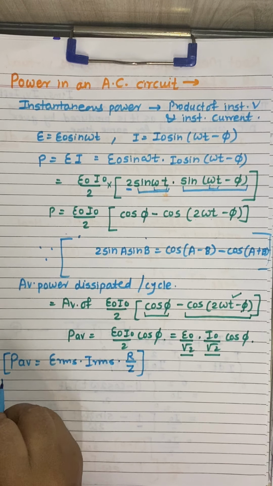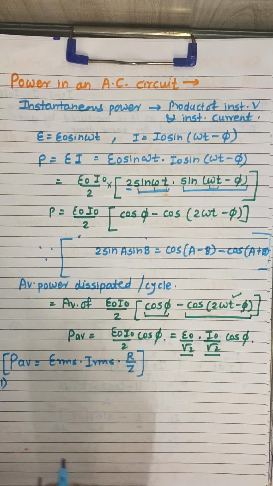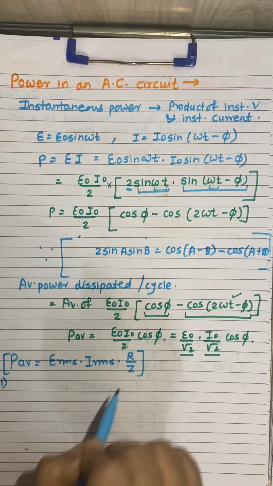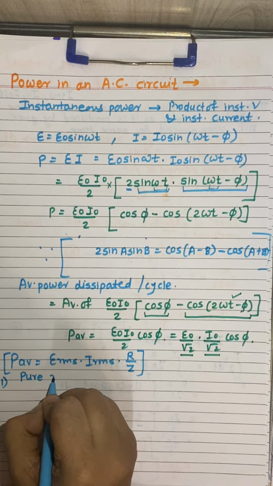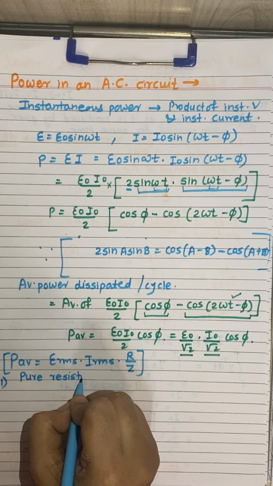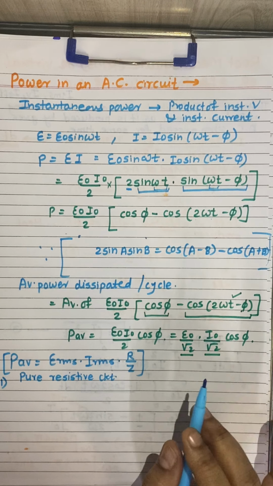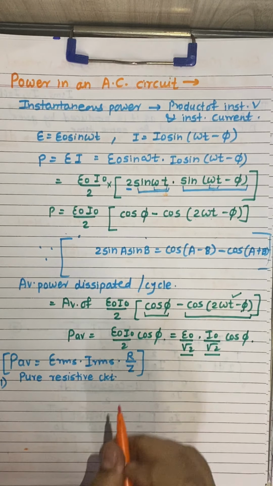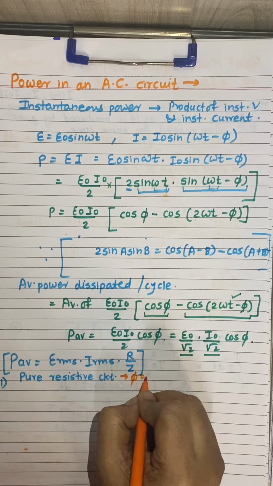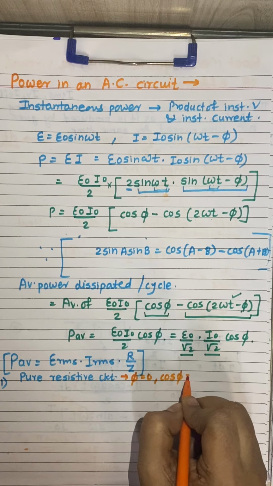So we are going back to the cases: a purely resistive circuit, a purely inductive circuit, and a purely capacitive circuit, and we are going to find out the power from this particular formula. If it is a purely resistive circuit, then we know that voltage and current are in phase. So for that case phi is equal to 0, and cos phi is equal to 1.